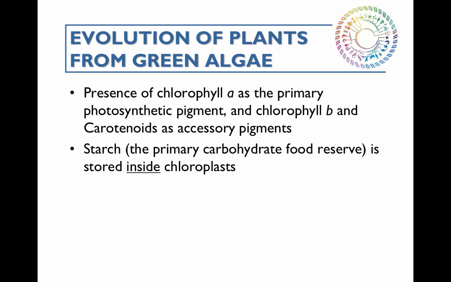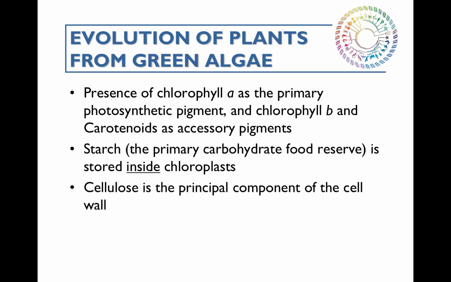Well, that is also seen in true plants. And we also saw that the primary component of the cell wall was cellulose in the green algae, and that's something that's shared with the true plants. So there's a lot of evidence to suggest that true plants have a very close evolutionary relationship with green algae.